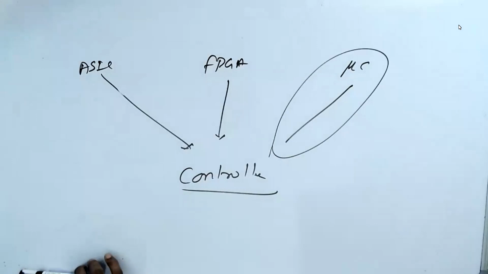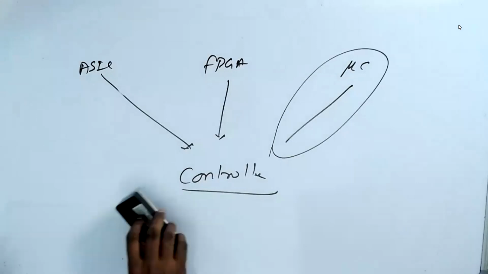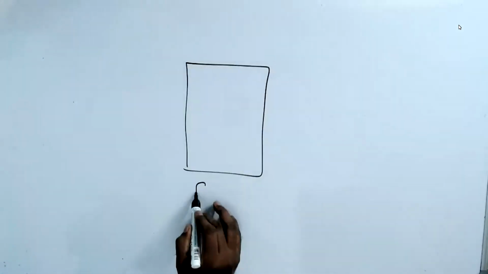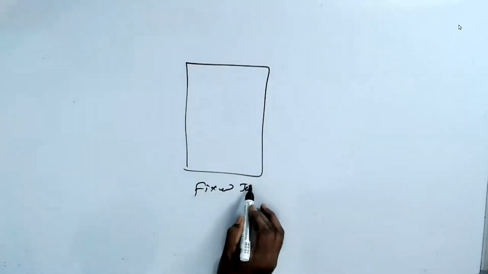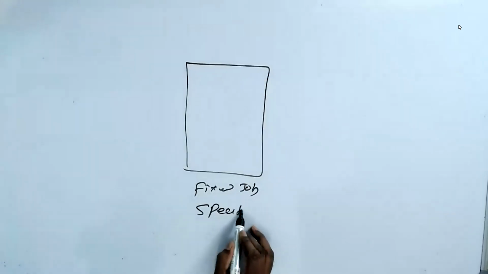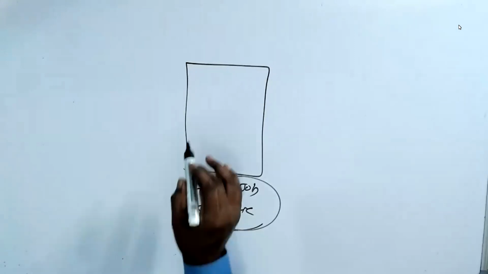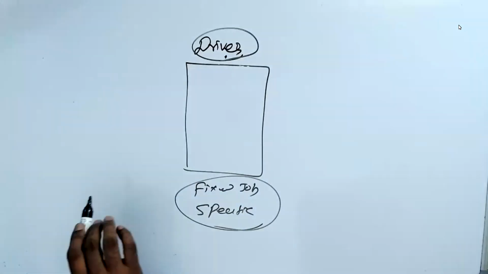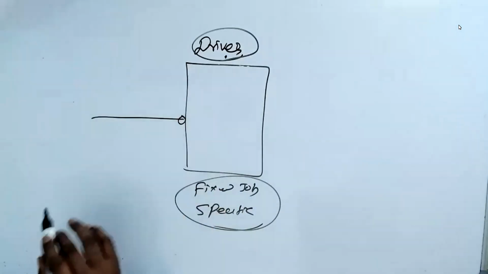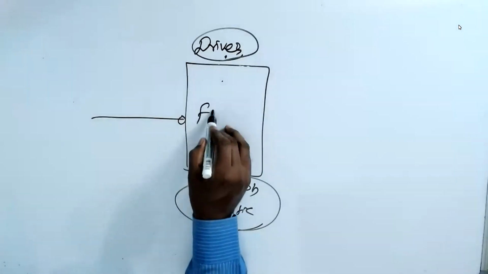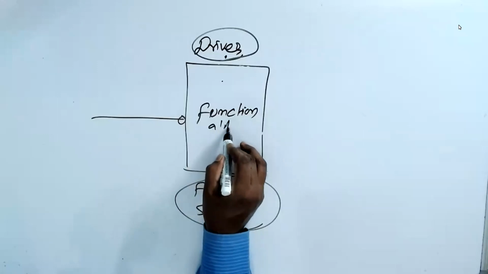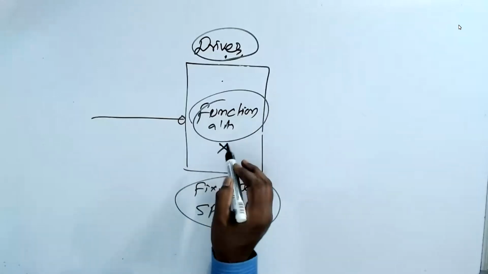So, do you have an idea? Got an idea about what is a microcontroller? What is a controller? A controller is nothing but a specific, fixed job. It is like a driver. The driver accepts the input, not the functionality. Functionality is fixed. You cannot change it.